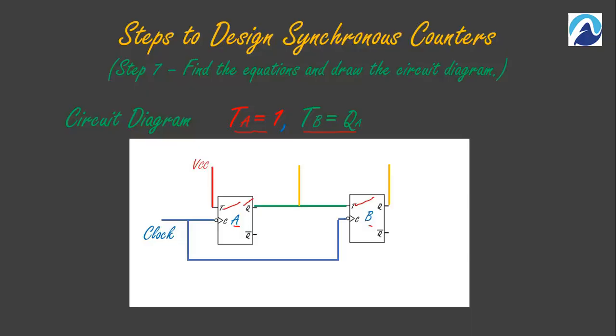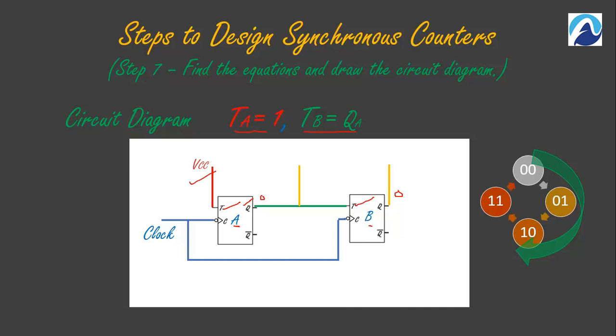This circuit will satisfy the 2-bit up counter condition, which can be analyzed by using the state diagram. Let's analyze: when the first clock comes, the initial value of this flip-flop is 0 and the initial value of this flip-flop is 0. Flip-flop A is always connected with the VCC, which means it will toggle at every clock.